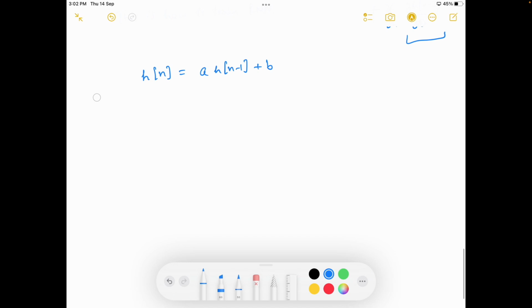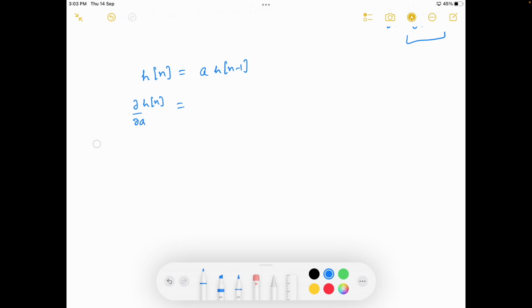Now tell me what is the derivative of h n with respect to a. Or b also is fine, but okay, let's remove b. Just take this much. What is the derivative of h n with respect to a?